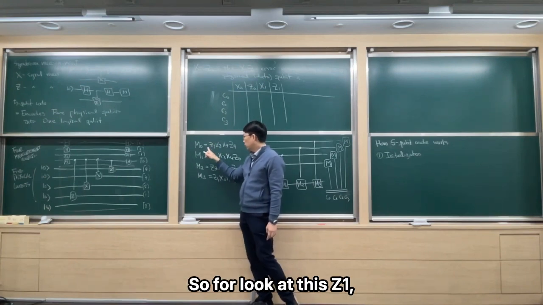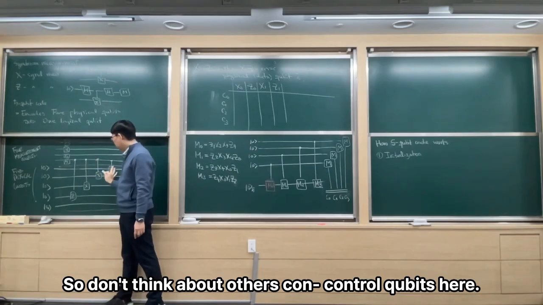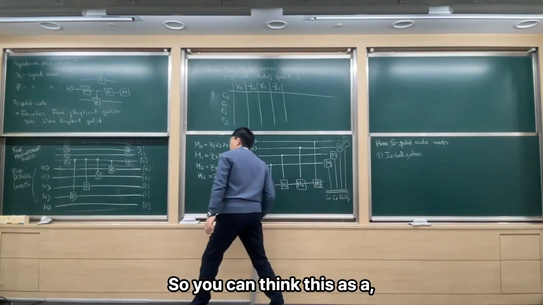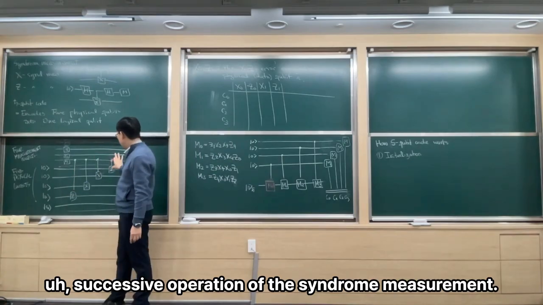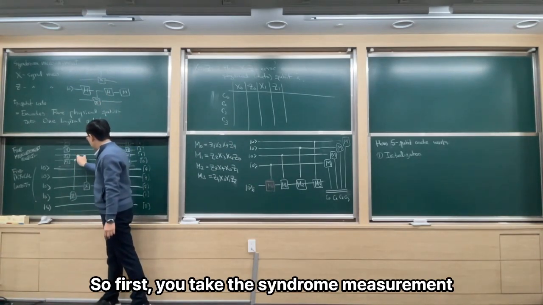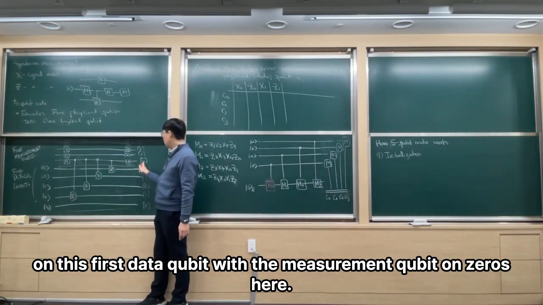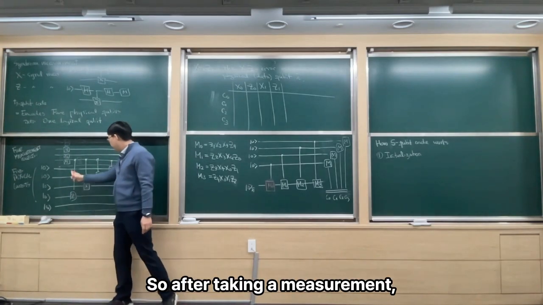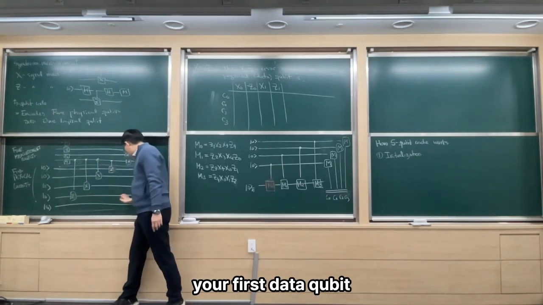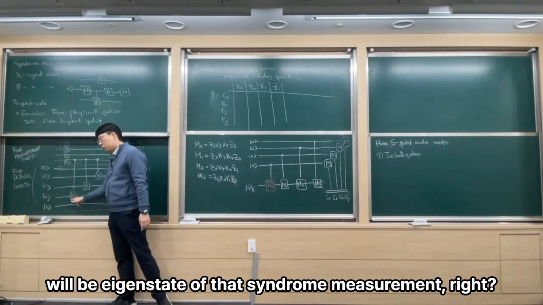So look at this Z1 here. Don't think about the other control qubits. You can think of this as a successive operation of the syndrome measurement. First, you take the syndrome measurement on this first data qubit with the measurement qubit at zero. After taking a measurement, whatever that outcome is, your first data qubit will be an eigenstate of that syndrome measurement, right?